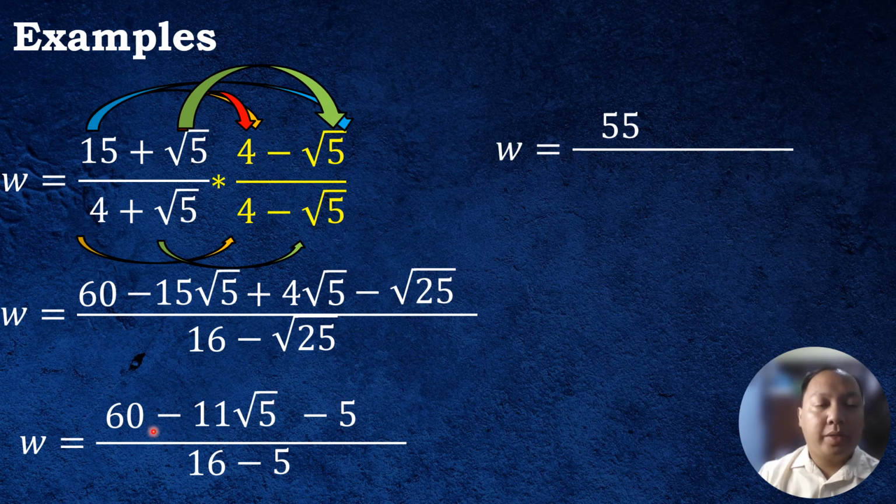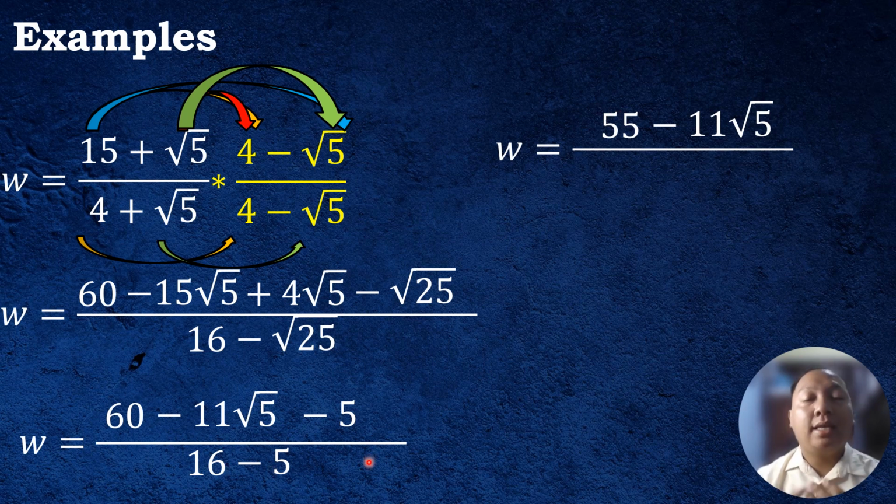Now, bring up negative 11 square root of 5. Tapos na tayo sa numerator. Pinag-subtract lang actually si 60 and 5, which is 55. Now, sa denominator naman, 16 minus 5 is 11.